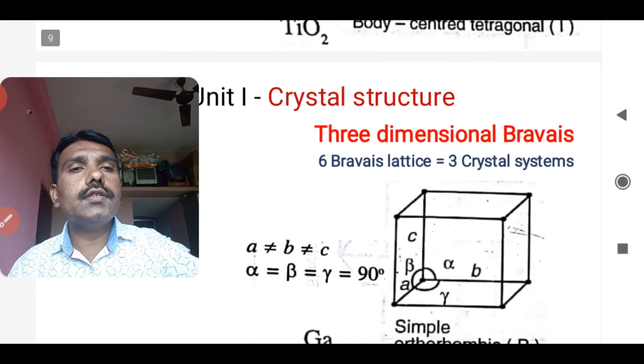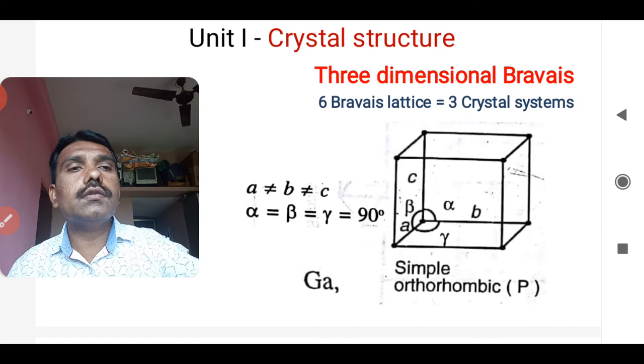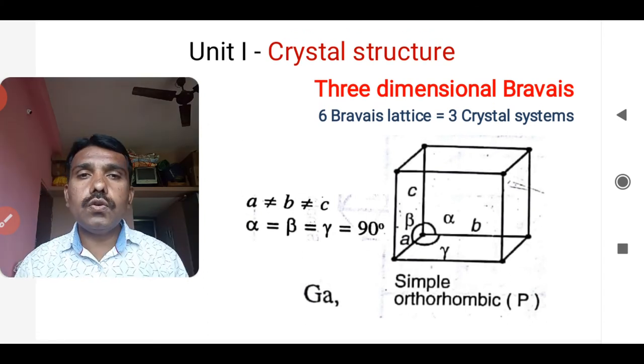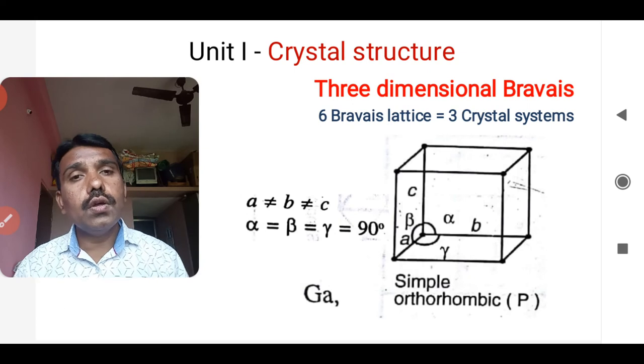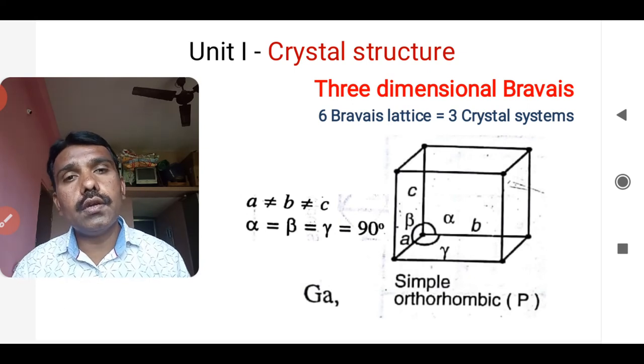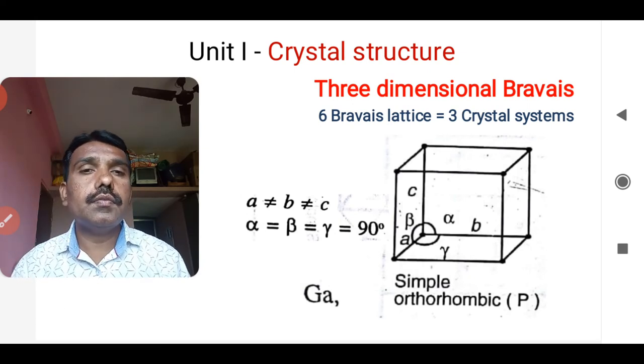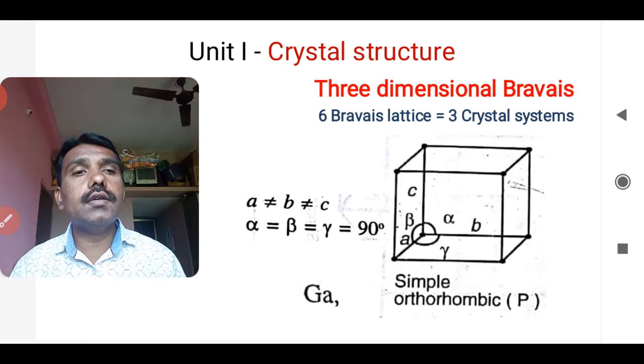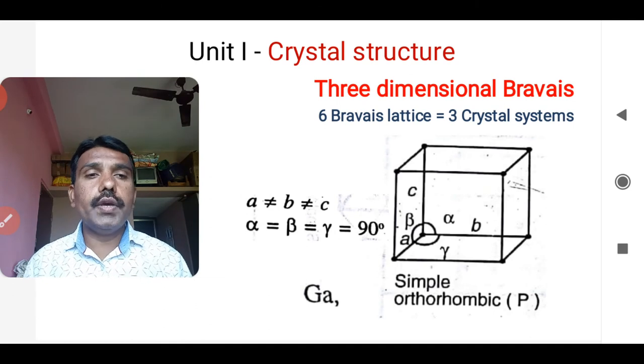Now the sixth Bravais lattice comes under the third crystal system. That means there were two Bravais lattices in the previous tetragonal crystal system we have seen, and this one is the third crystal system, orthorhombic.